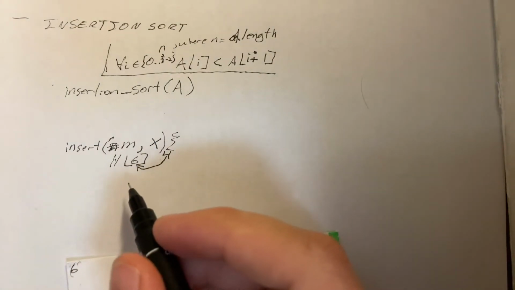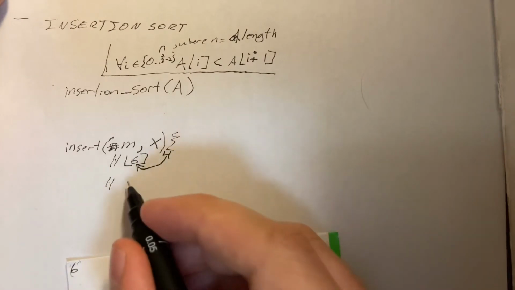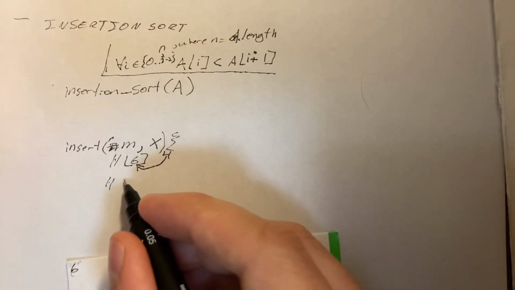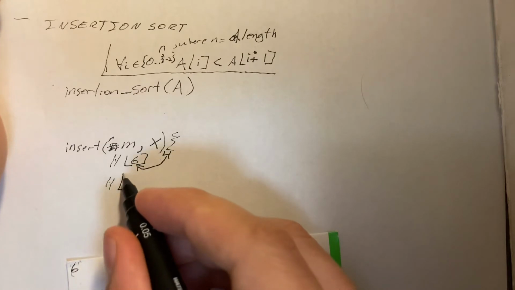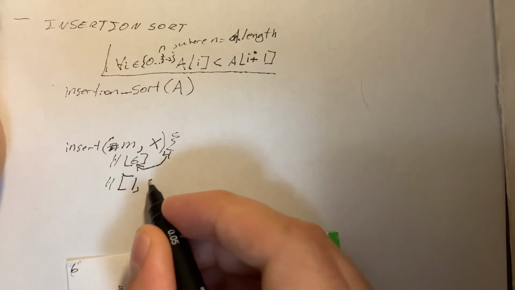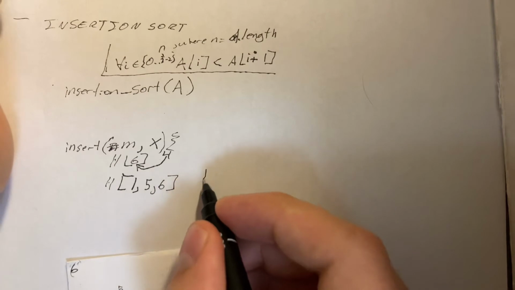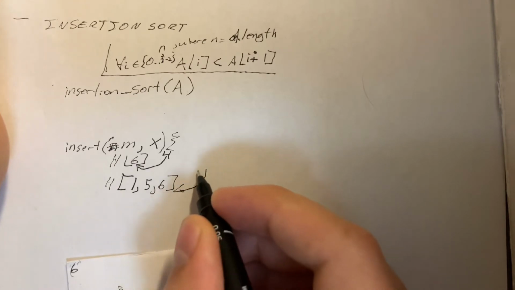To define how it works, let's make up a more complicated example. Let's say we have an array that's a bit longer. Let's say it is 1, 5, and 6, and we're inserting 4 into it.